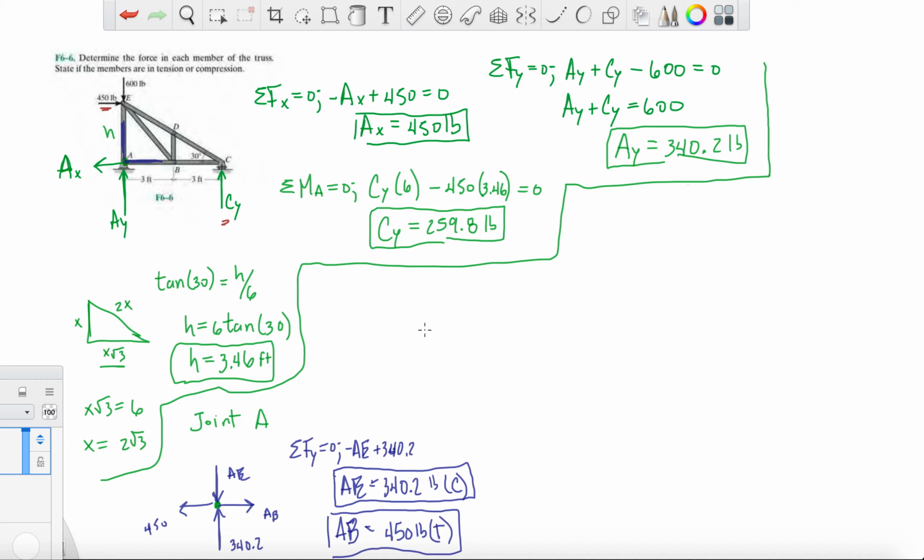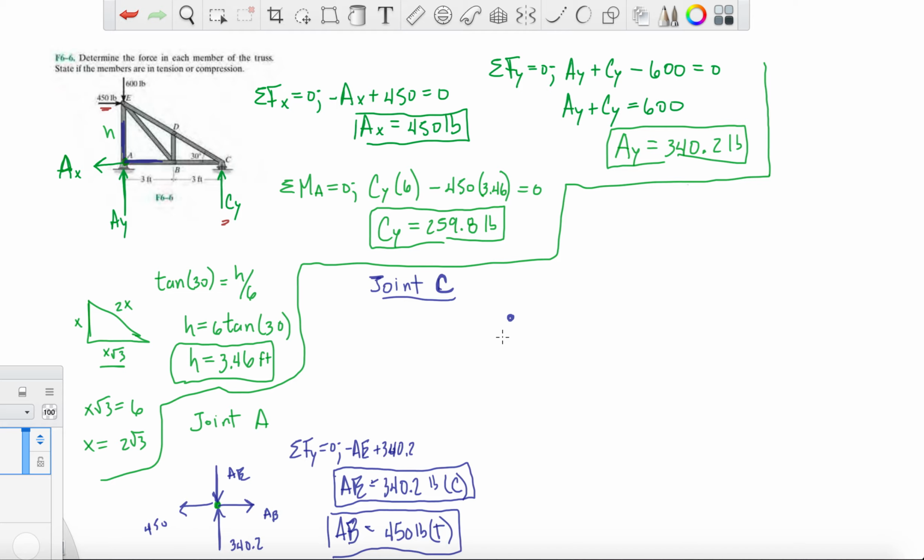let's go with C. Joint C looks pretty easy. It only has two members. So I guess we're going to go upwards, up the steps here. So joint C. Now let's switch colors.